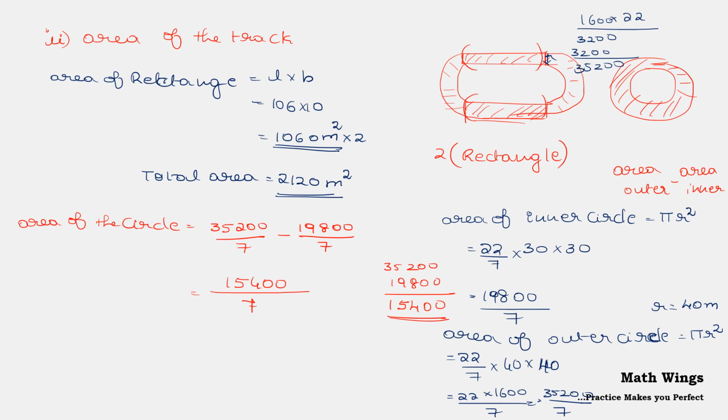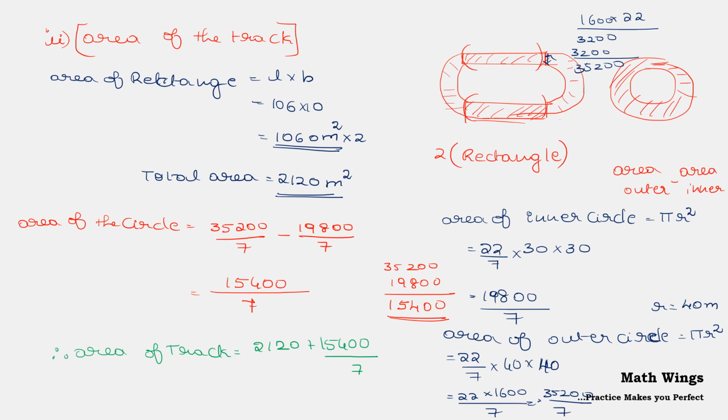So what do we have to find? We have to find the area of the track. So finally, the area of the track is equal to 2,120 plus 15,400 divided by 7.